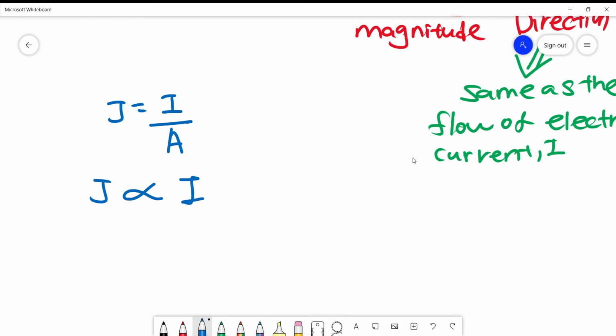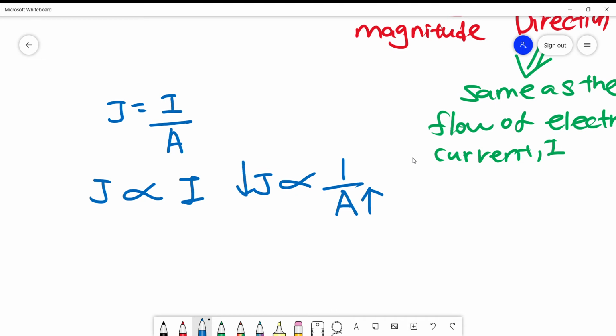There is another relation here, which is J is inversely proportional to the cross-sectional area of the wire. So the higher the cross-sectional area of the wire, the lower the current density.